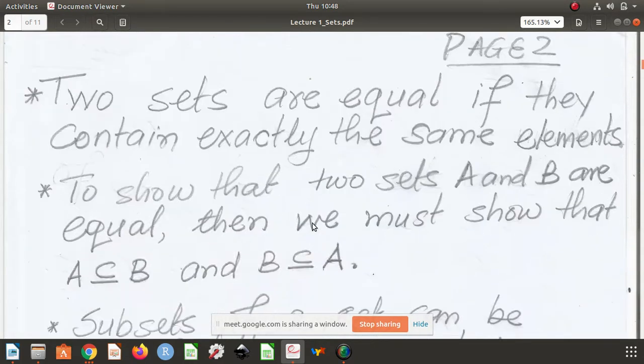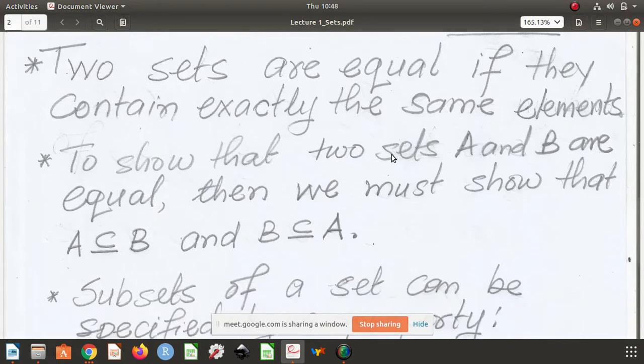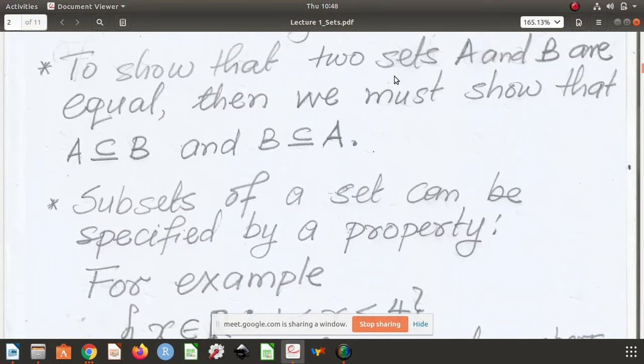So two sets are equal if they contain exactly the same elements. So how do you show that? For them to contain the exact same elements, these two inclusions must hold. Everything in A must be contained in B, and everything in B must be contained in A. If these two inclusions hold at the same time, then those two sets must be equal.